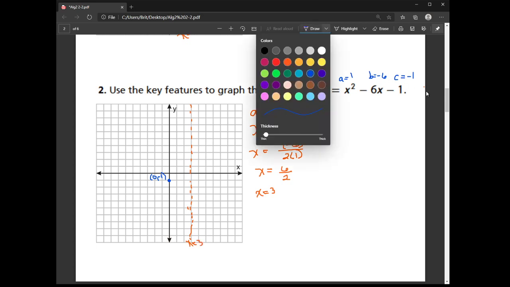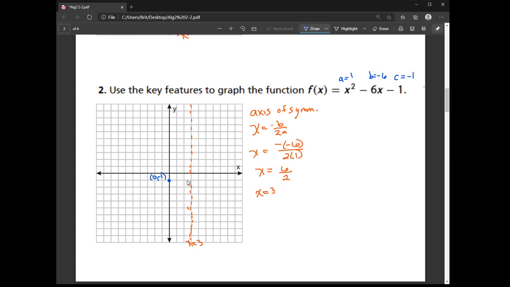Now remember that this axis of symmetry is equidistant from each side of the parabola. So if I go 3 to the left to get my intercept, I can go 3 to the right to mirror it. Okay, so that's at 6, -1.